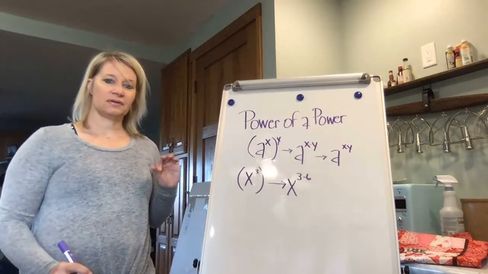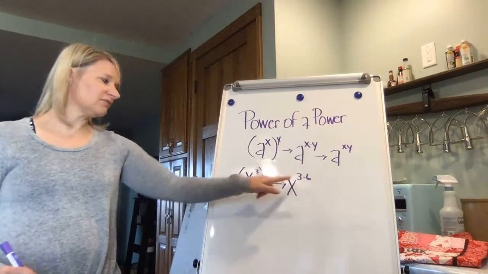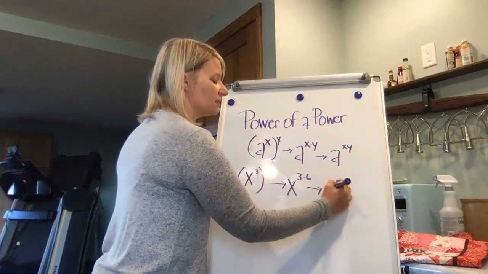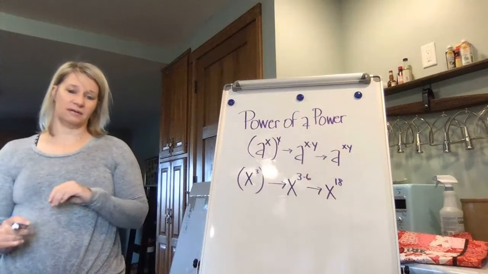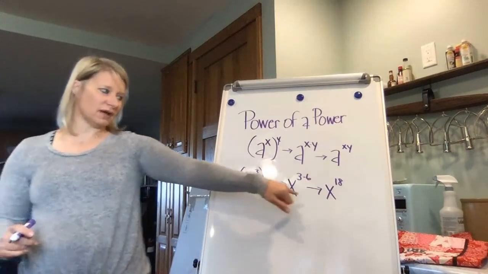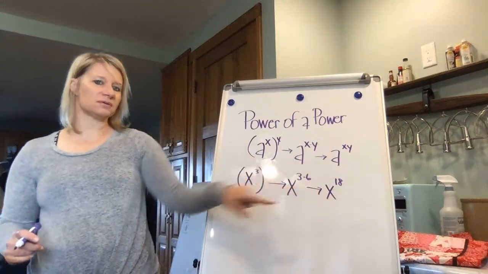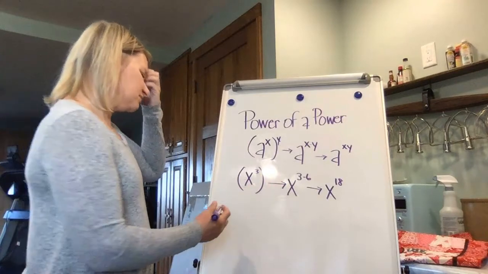I'm showing my thinking here, but I'm not done. I need to finish simplifying this 3 times 6. We don't leave it that way. So then it becomes x to the 18th power, and then we're done. I don't really care about what this actually equals. Remember, there's no equal signs. We're just simplifying.